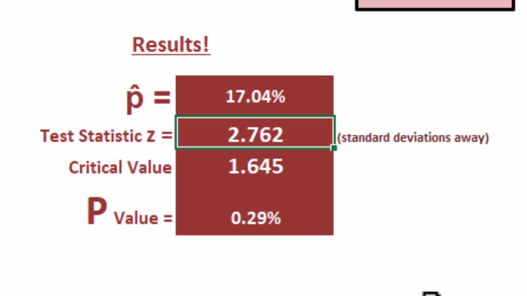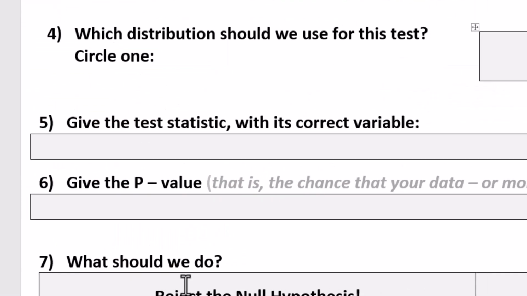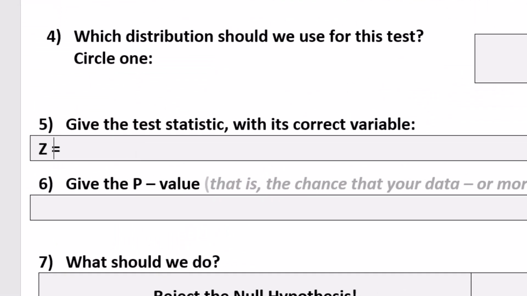So let me make sure I got these right, 2.762 and 0.29. Come back to my template. The test statistic is 2.762. That's a lowercase z, not that it really matters. And the p-value is 0.29%.